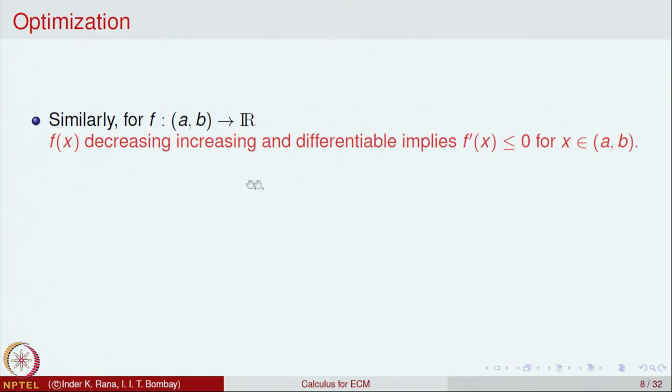So, a similar result holds when f is decreasing and differentiable. There is a typo on the slide: we put both words, which is wrong, so ignore that word. If f is decreasing and differentiable, then it implies the derivative is less than or equal to 0. So, it is decreasing here.